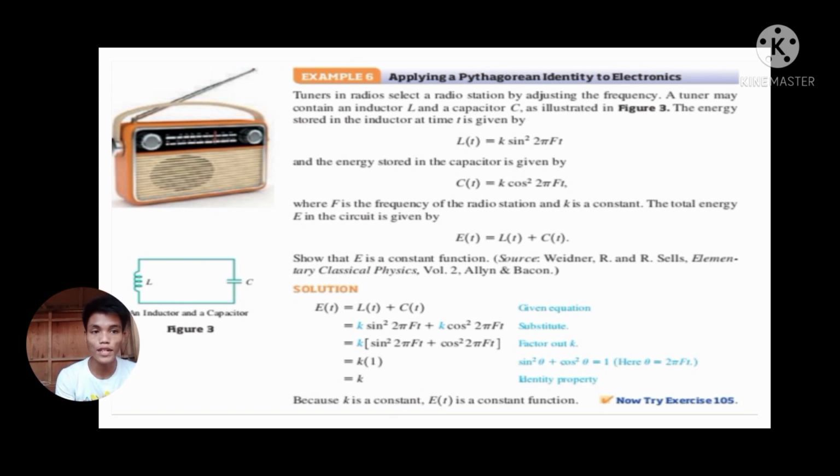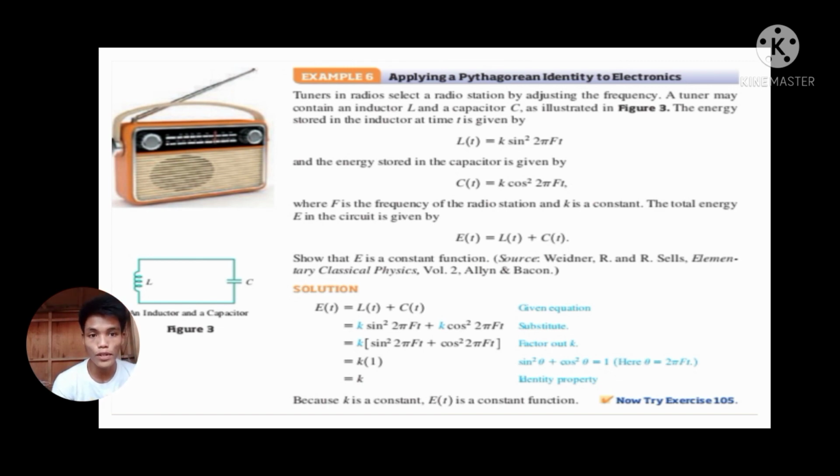And here is the solution. Total energy E of t is equal to the inductor energy L of t plus the capacitor energy C of t. So this is the given equation. What we are going to do is substitute.